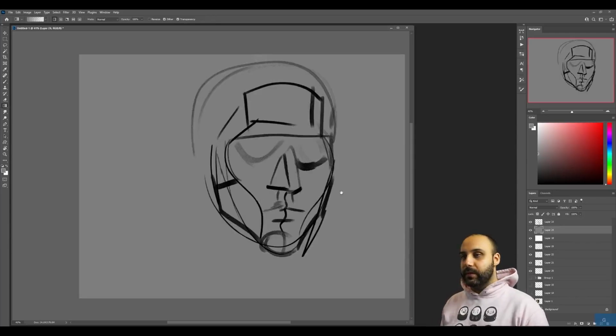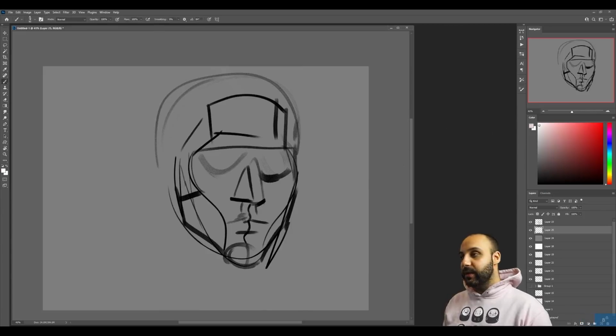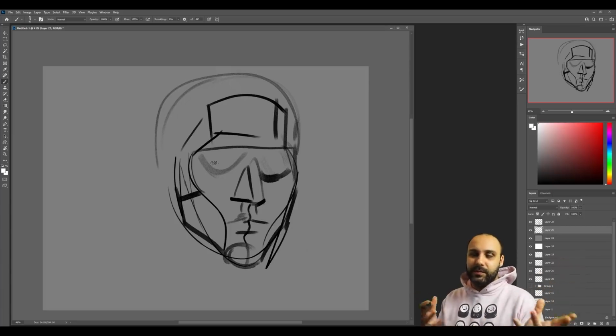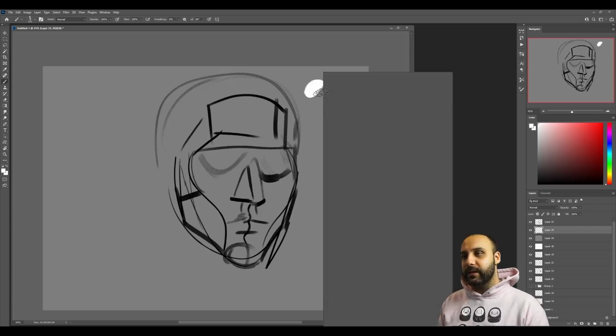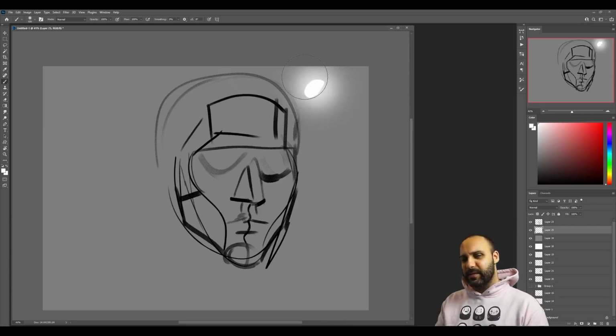Knowing what these forms are will let me light it from any direction. So if I have that all gray, from the reference, we had it from the left side. So that's easy, we just follow the reference. But what if we want to challenge ourselves and say, what if the light's over here being cast from above?